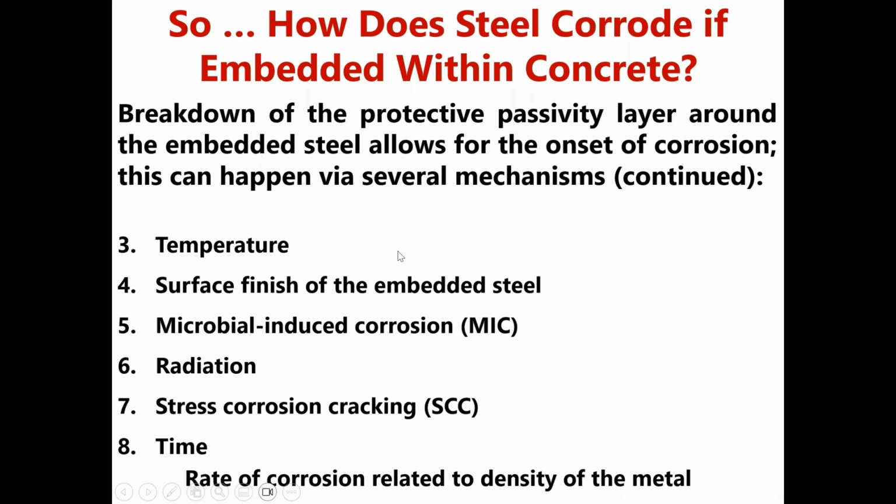And then just to round out that list of what causes the passivity layer to fail, it could be a function of temperature, it could be a function of the surface finish of the embedded steel. Microbes could play a part in this. If the steel has been irradiated, if the embedded steel has been cracked due to stress, and also just time, which means the denser the material, the slower the corrosion might be too.